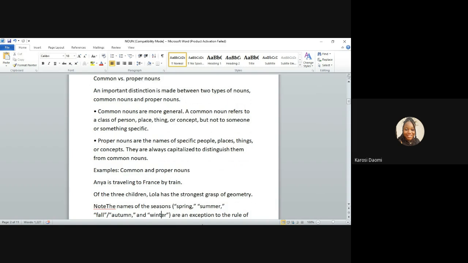Just type it in the chat box. Anya is traveling to France by train. Identify the proper nouns in Anya is traveling to France by train.